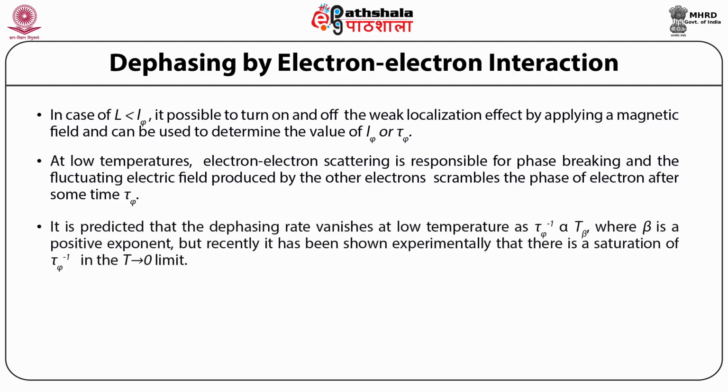It is predicted that the dephasing rate vanishes at low temperature, as tau phi to the power minus 1 is proportional to T to the power beta, where beta is a positive exponent.